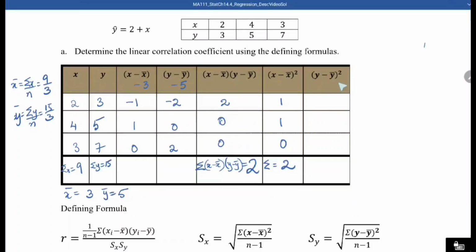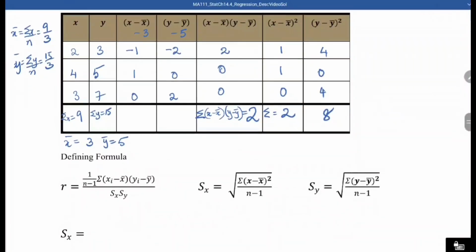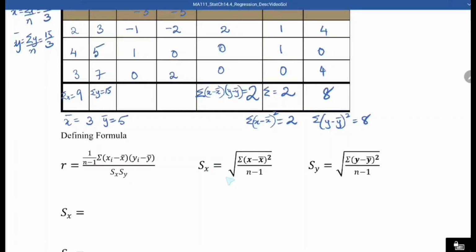For y minus y bar squared, sum up all the values in the column: we have 4, 0, and 4, and we come up with a value of 8. So sigma x minus x bar whole squared equals 2, and sigma y minus y bar whole squared is 8. First we have to find our s sub x and s sub y, the standard deviation values for x and y.